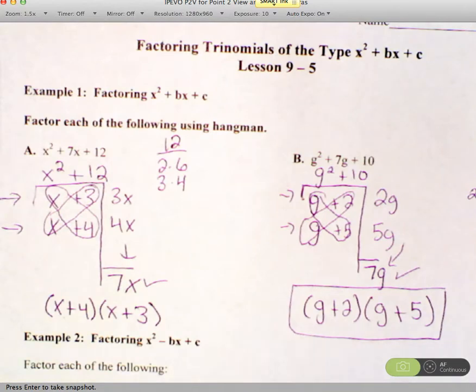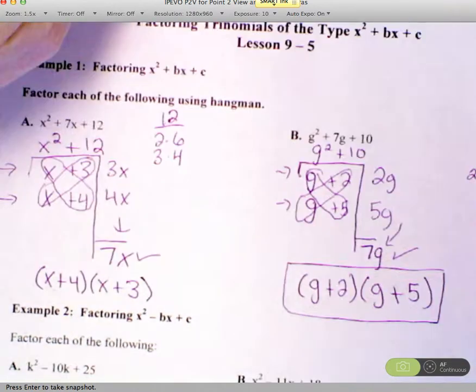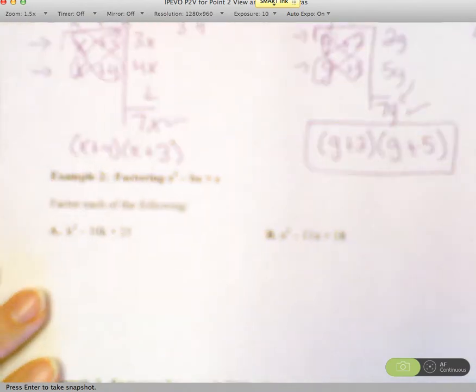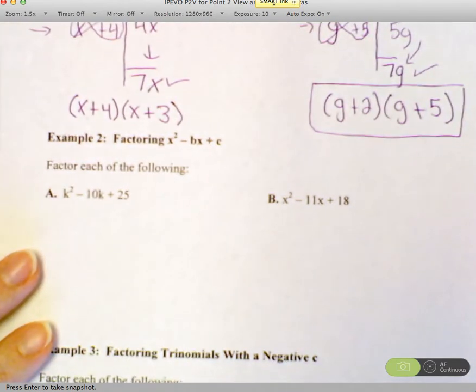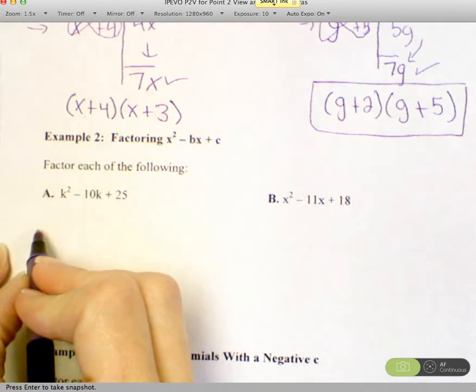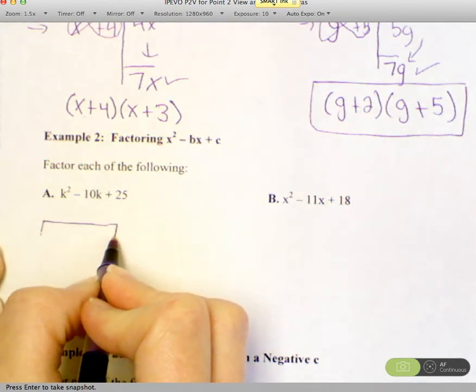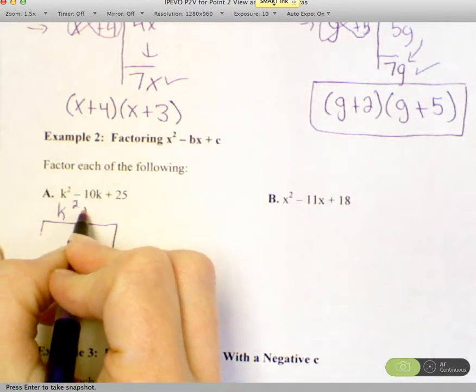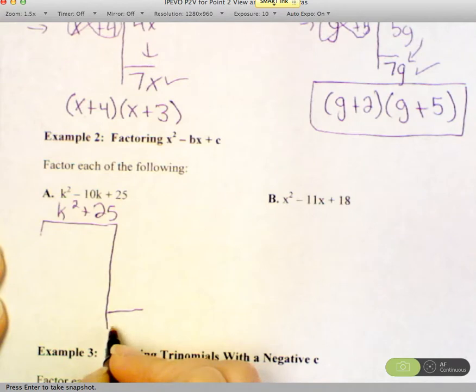Now we're going to add in just a little something. This time we're going to look at some trinomials that have a minus sign in them. We set it up exactly the same way. We draw our hangman. k squared plus 25 goes on top. This time, though, we have a negative 10k.